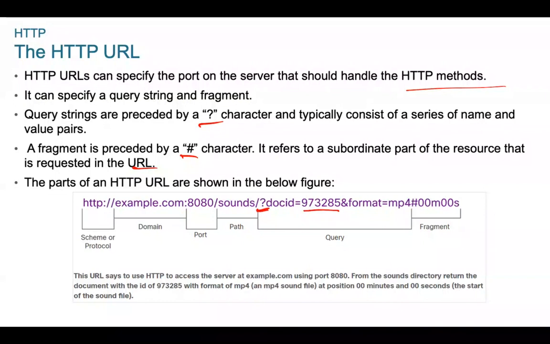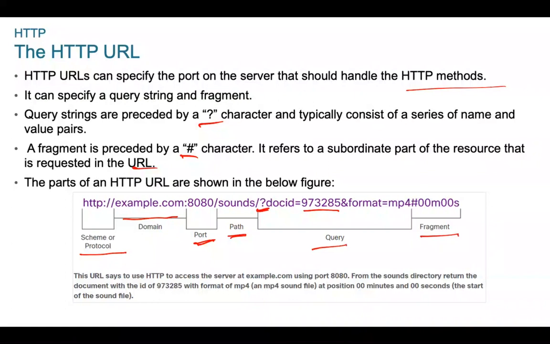So the HTTP URL includes these parts, as shown in this case. First it uses the scheme or the protocol, whether you are using HTTP or HTTPS, and then it is followed by the domain, for example .com or .edu or .in or .us, and then followed by the port number, which we call port binding, and that is followed by the path which is requested by your client, which is followed by the query and fragment part.